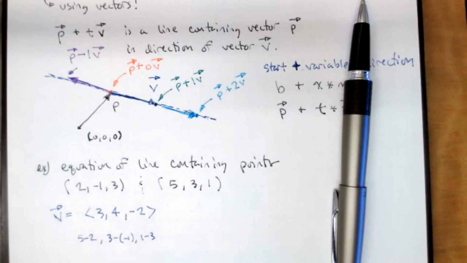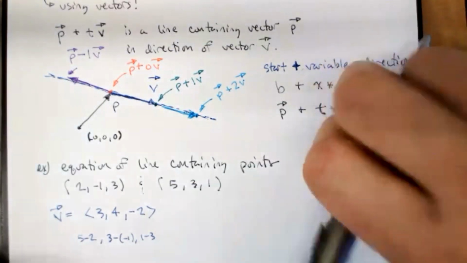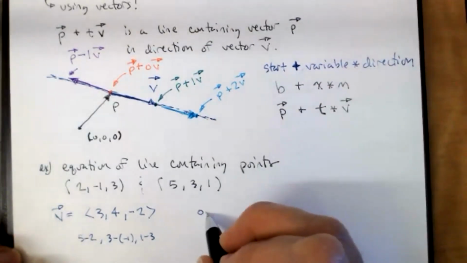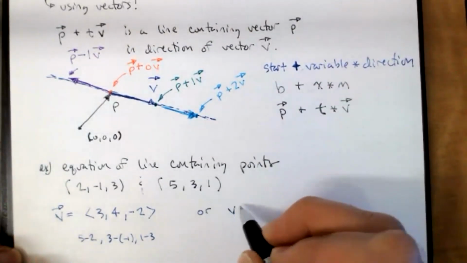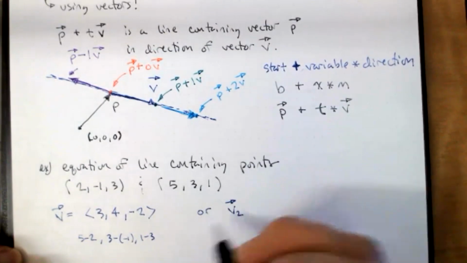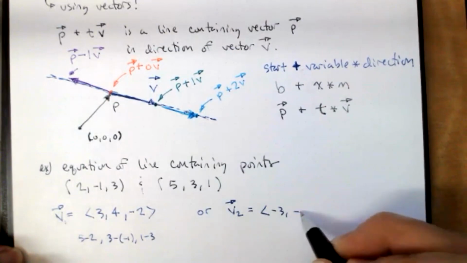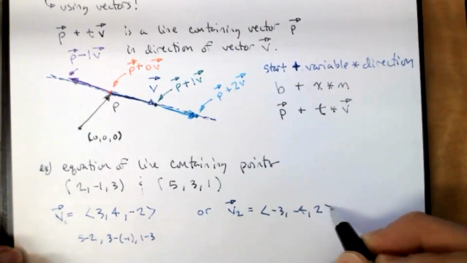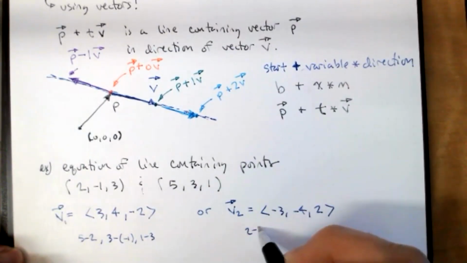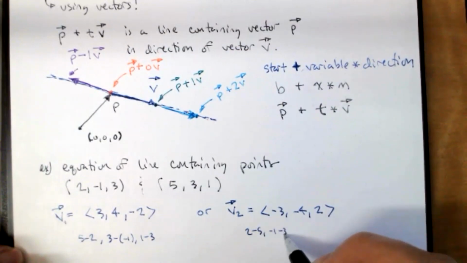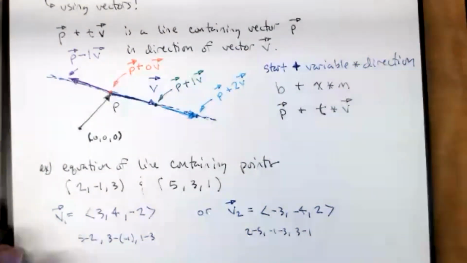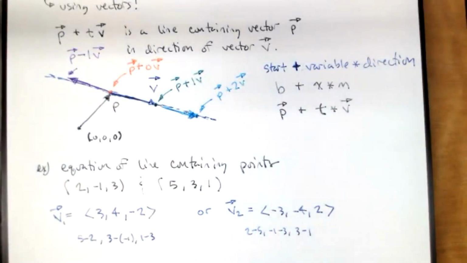Instead of 5 minus 2, do 2 minus 5. But these are just going in opposite directions. V1 is just -1 times V2.